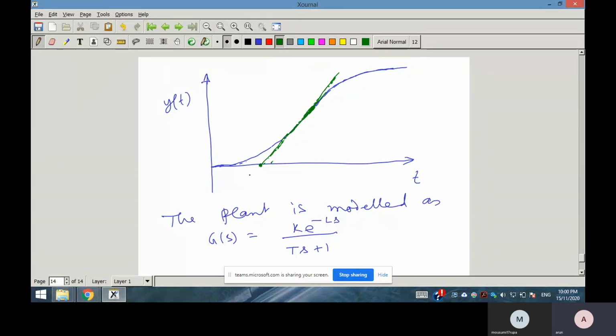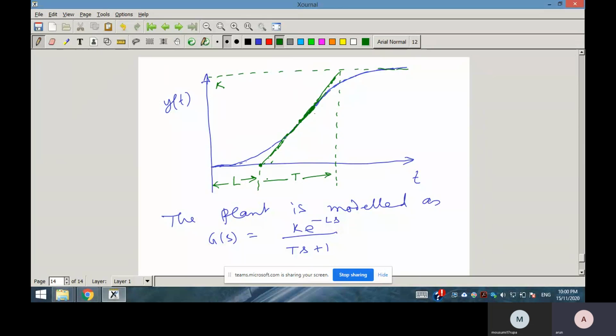So this distance is your, then this distance is your L, and this point, and suppose this is your steady state value K, and this value will be your T.